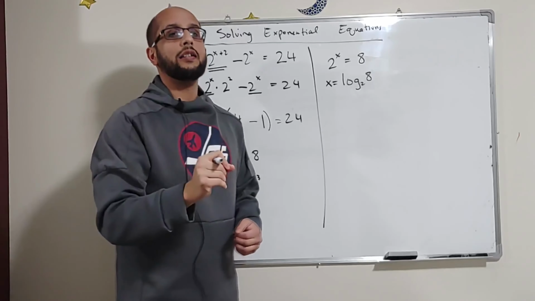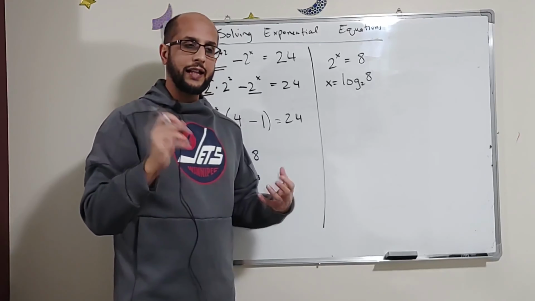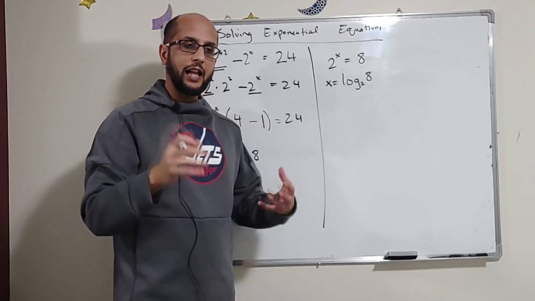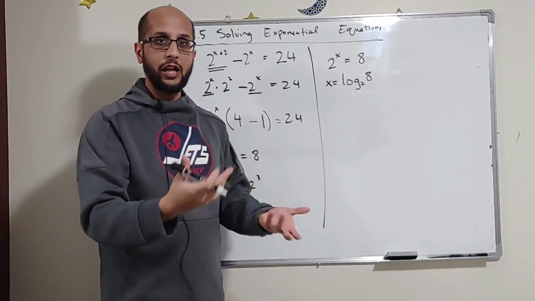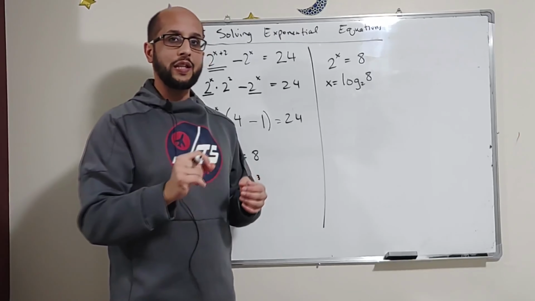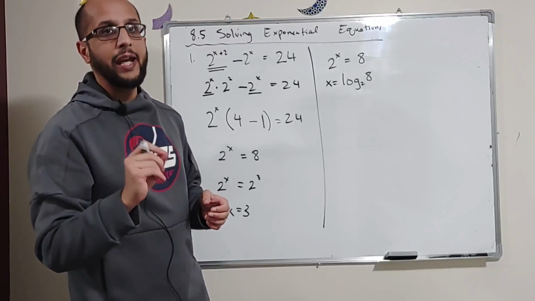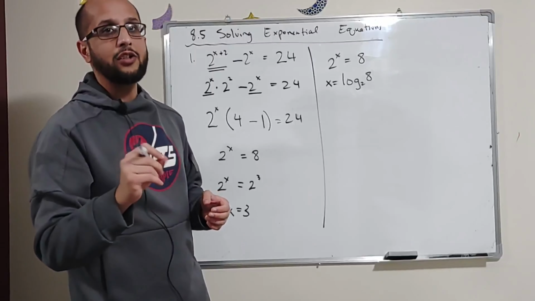If you do not have a calculator that can adjust the bases for logs, where the only option you have is just to press log, you can't change what the base is, meaning the base is always 10, we can use something called the change of base formula. So we're going to apply that here. What it does is it rewrites your expression so that it's base 10 instead of base 2, for example.